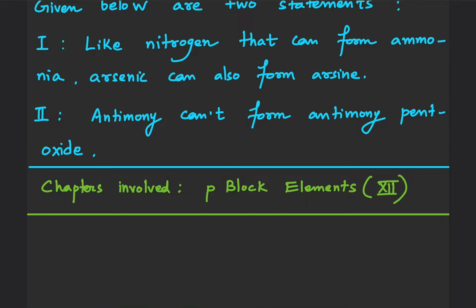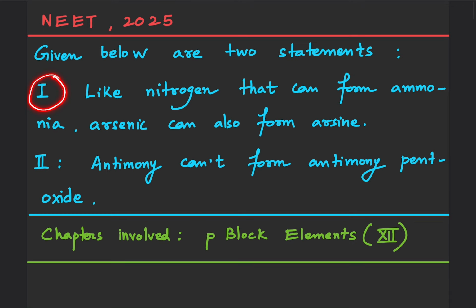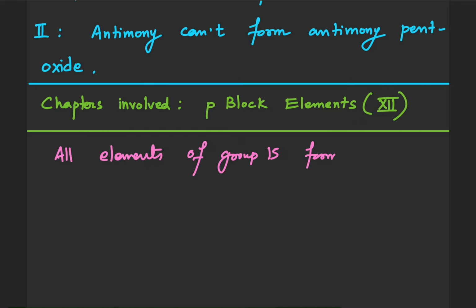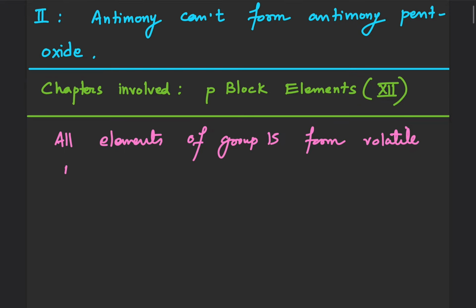So regarding statement 1, all the elements of group 15 form volatile trihydrides of the formula EH3. Very important statement: all elements of group 15, that is nitrogen, phosphorus, arsenic, antimony, bismuth, all of them form volatile trihydrides.